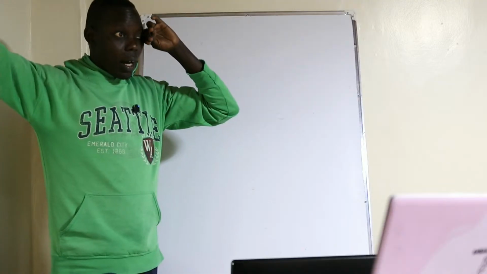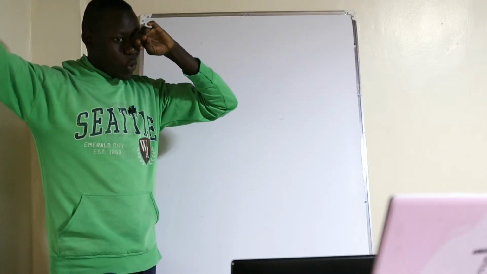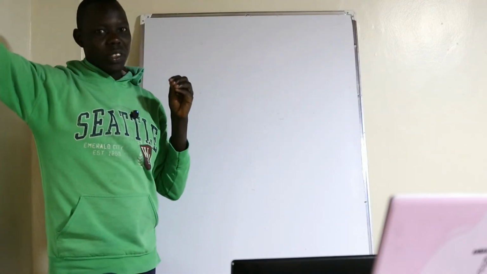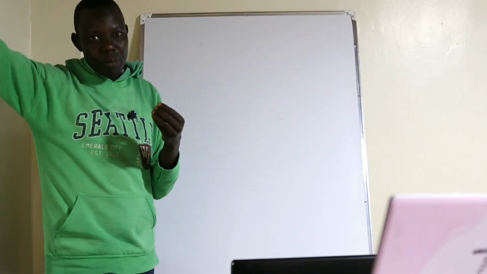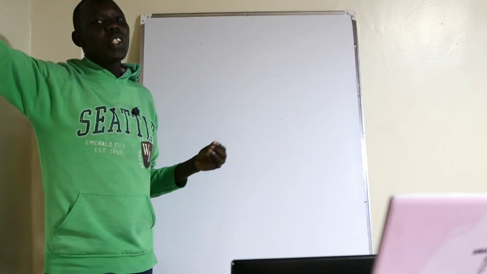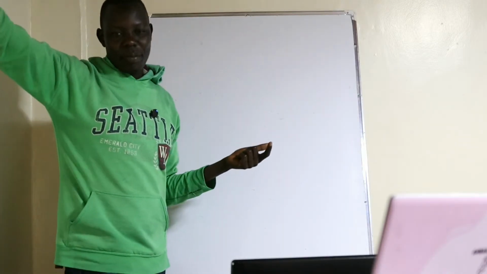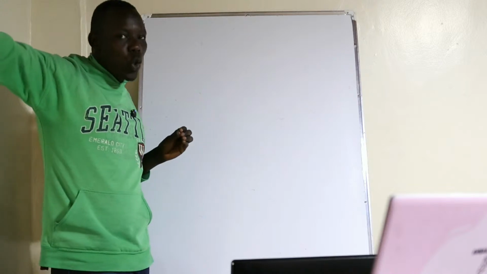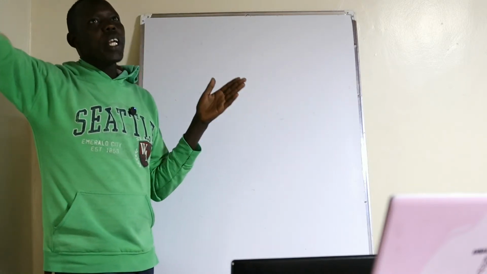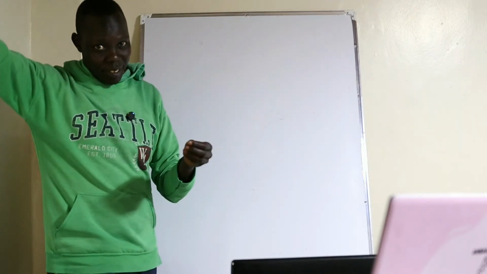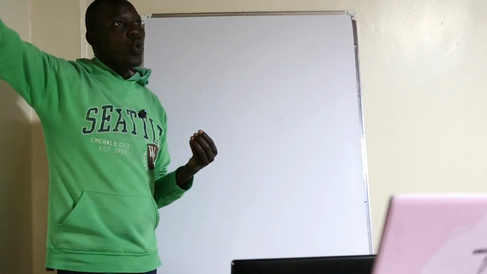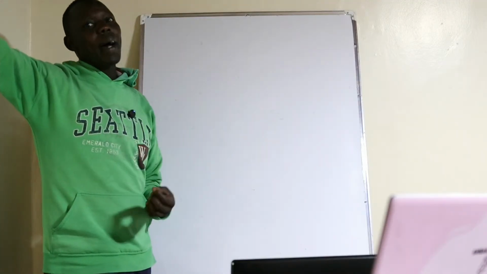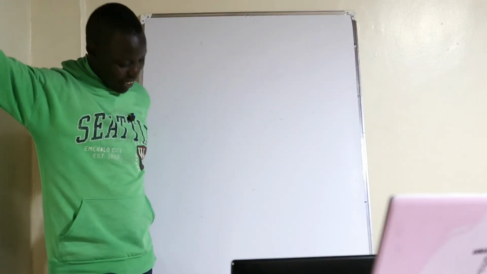Now, in form 4 electrochemistry, when you gain electrons, we say you are reduced. When you lose electrons, we say you are oxidized. Why? Because when you lose electrons, your oxidation number increases as per the number line. When you gain electrons, your oxidation number decreases.